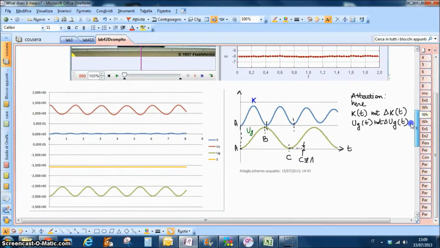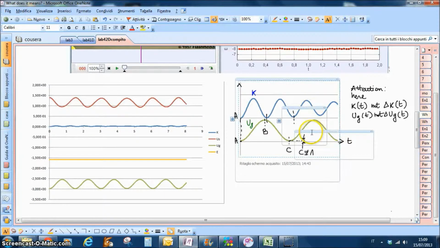For our model, K and U have maximum and minimum at different times.